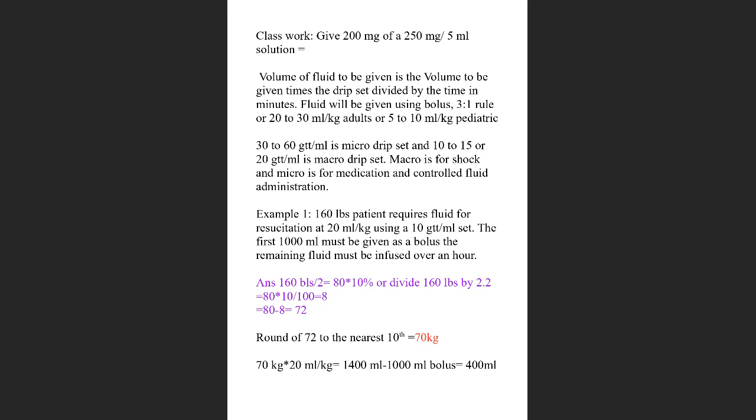If a patient loses 2,000 mils or 2 liters, how much fluid would we give using the 3-to-1 rule? All right, so you can use that rule, the 3-to-1, or you can use the others.